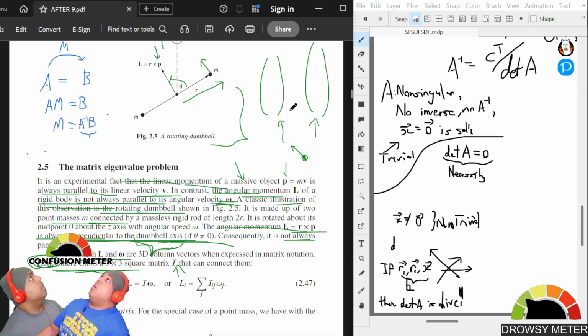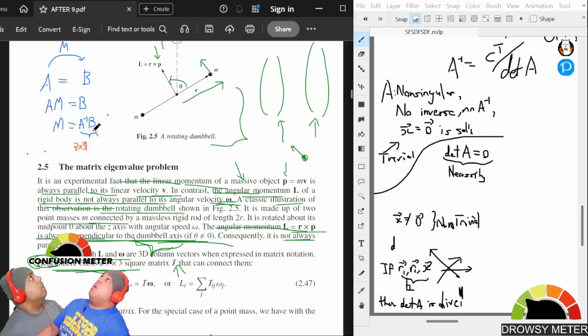So 3 by 1, 3 by 1... wait, no. 3 by 3. It's not always parallel. A 3 by 1 can't get inverted, so it has to be a 3 by 3, right?